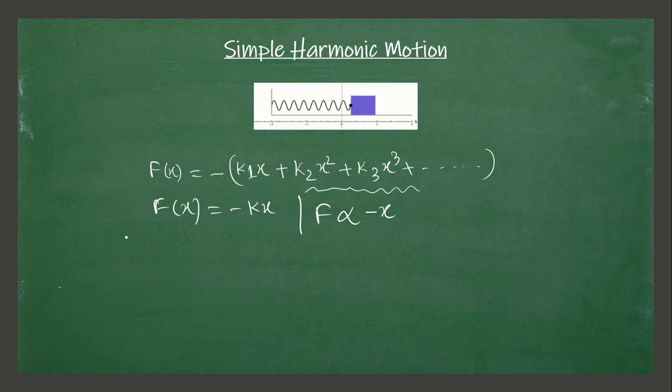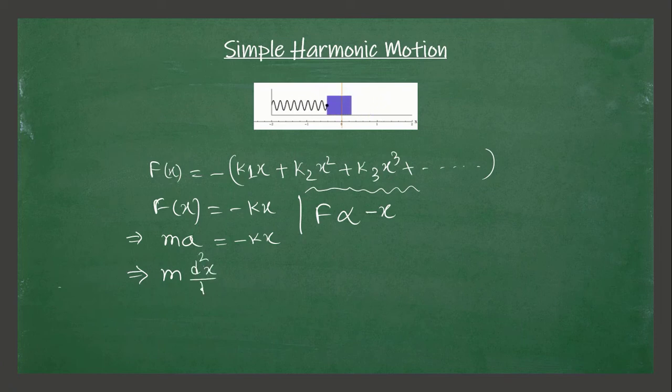Now let's try to find out the differential form of this equation. We know that F is equal to ma, Newton's formula. So it is equal to minus kx. And what is acceleration a? Well, it is the second derivative of x with respect to time, right? So this is again equal to minus kx. Now this second derivative, we can write like this.